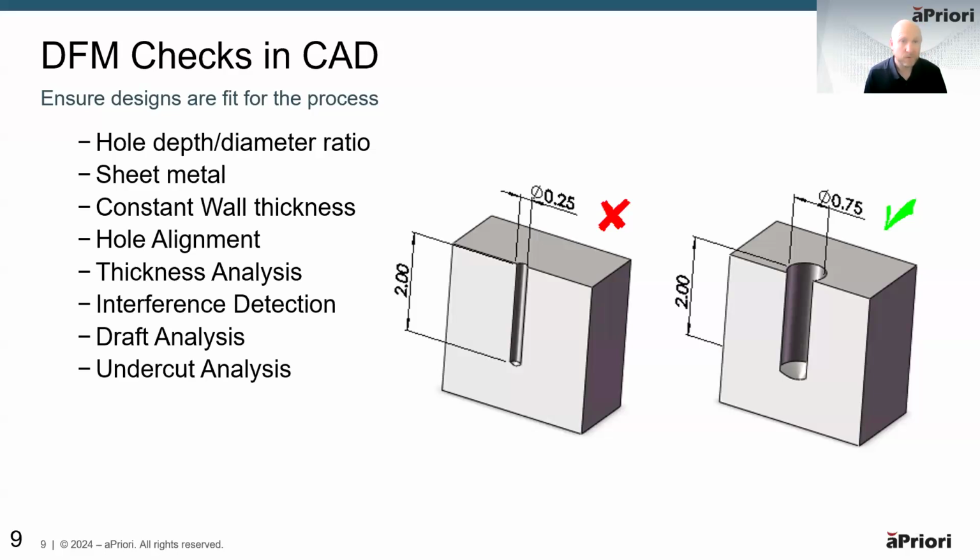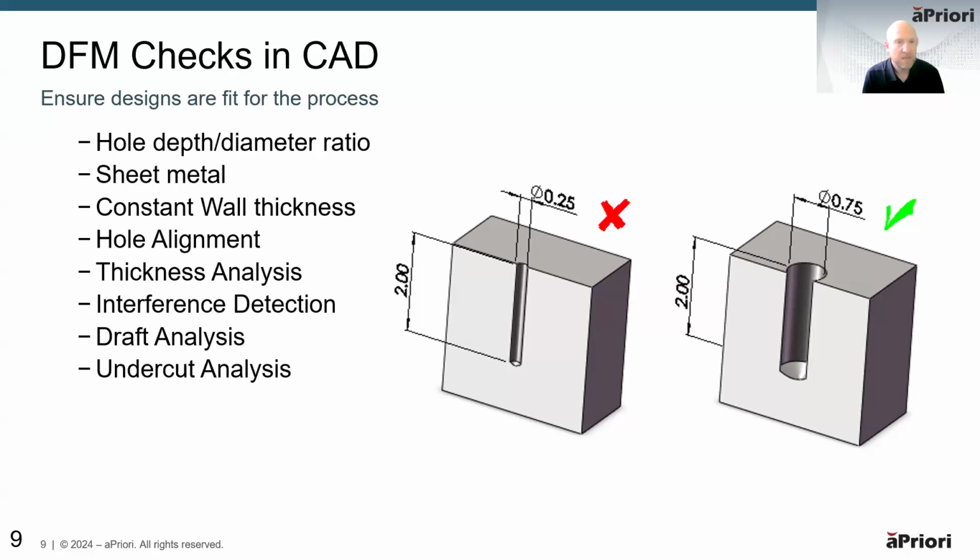We might want to make sure we've got constant wall thickness, or that holes are aligned, or run thickness analysis to ensure that if we're doing injection molding, everything flows in nice and evenly. We might want to check for interference detection so that assemblies can be put together without fouling on each component, or do some draft analysis or undercut analysis.